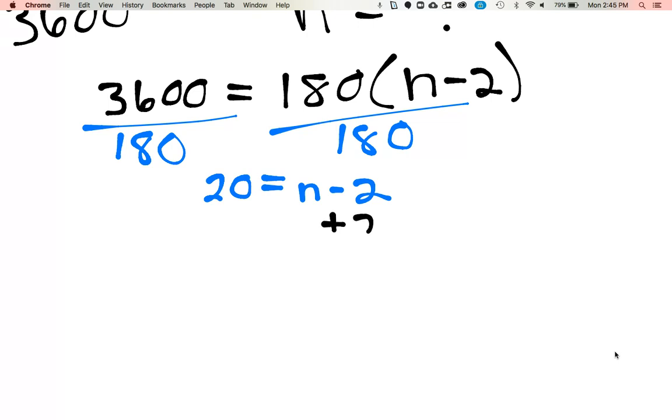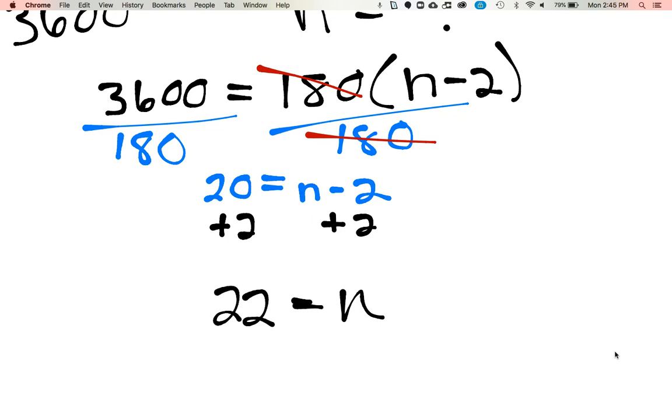And now we can just add 2 to both sides. So it's a 22-sided polygon. Just to see what happened there, that canceled out. Since 180 was being multiplied to this set of parentheses, when you divide it away, it leaves that parenthesis open and we're not needing the parentheses anymore.